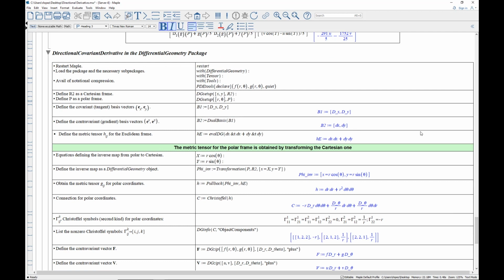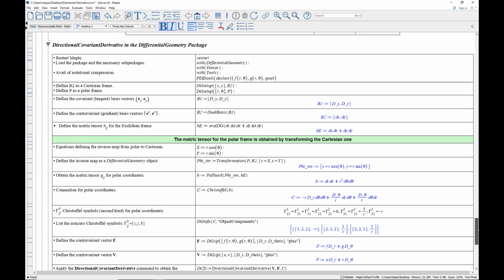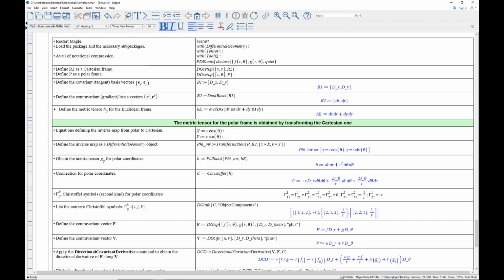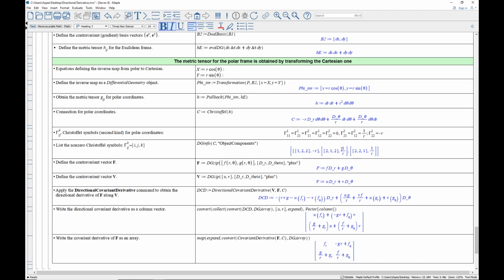There's a lot of machinery here that you have to set up in order to make use of this package. I got it all in place here in case anybody wants to run through it. Here are the Christoffel symbols for polar coordinates. This is how you define the vector field you want to differentiate. This is the direction vector. And here is the command, directional covariant derivative.